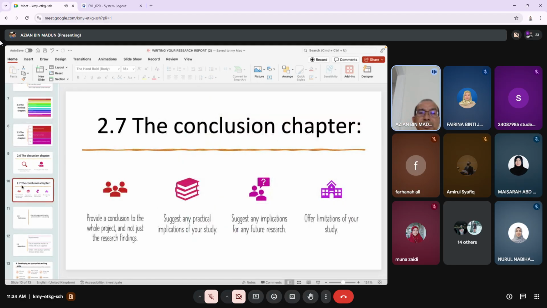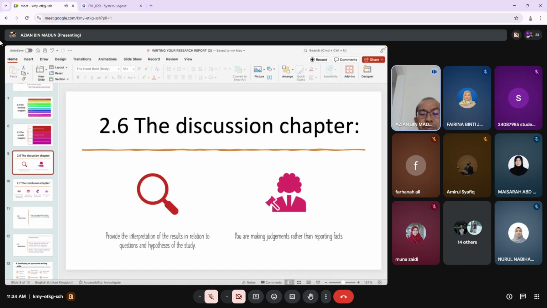The last one is the conclusion. Discussion is about how you interpret the results compared to past studies, and then compare back to your hypothesis. And then judgment, so you're giving your own opinion on what is happening and why it is happening. Because you have to remember, when doing a survey, a survey has limits.